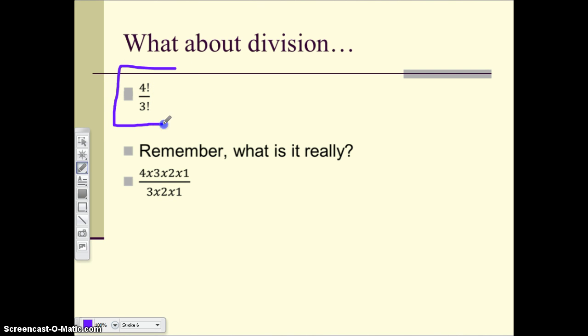Now, what about division? What if you see something like 4 factorial divided by 3 factorial? Remember what factorial means really? It means 4 times 3 times 2 times 1 divided by 3 times 2 times 1.